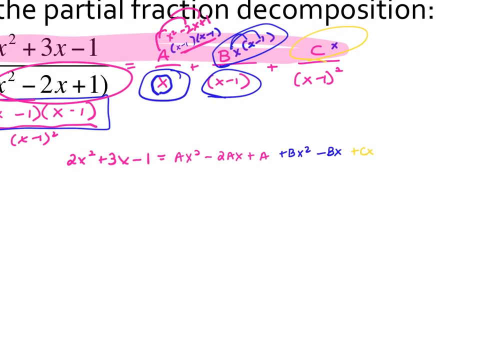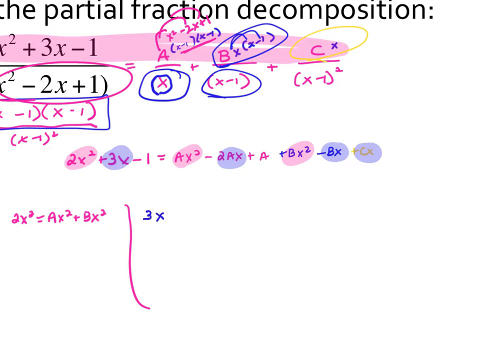So now we group together everything that has an x squared. So has an x squared, has an x squared, has an x squared. 2x squared equals ax squared plus bx squared. Then we group together everything that has an x. 3x equals negative 2ax minus bx plus cx.